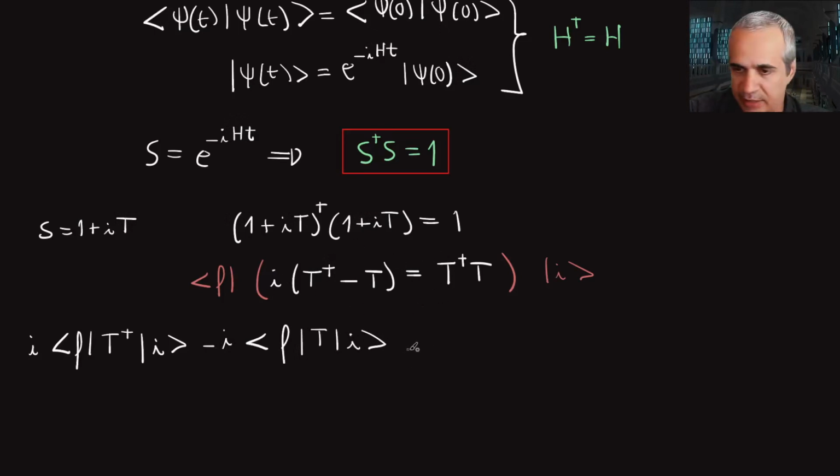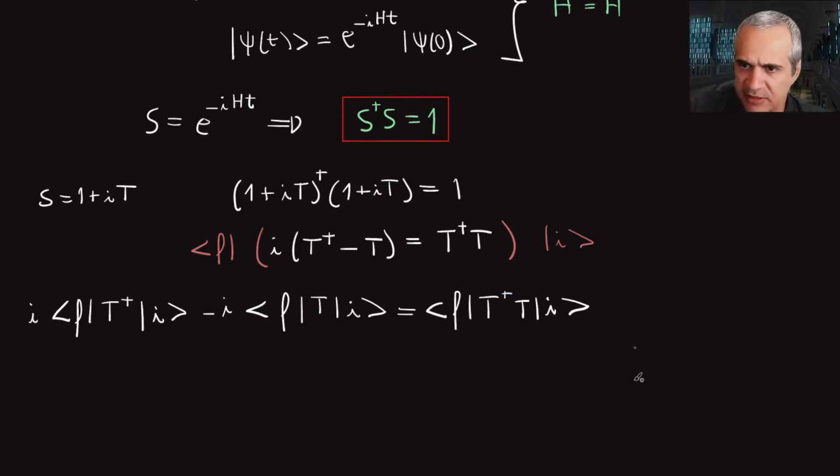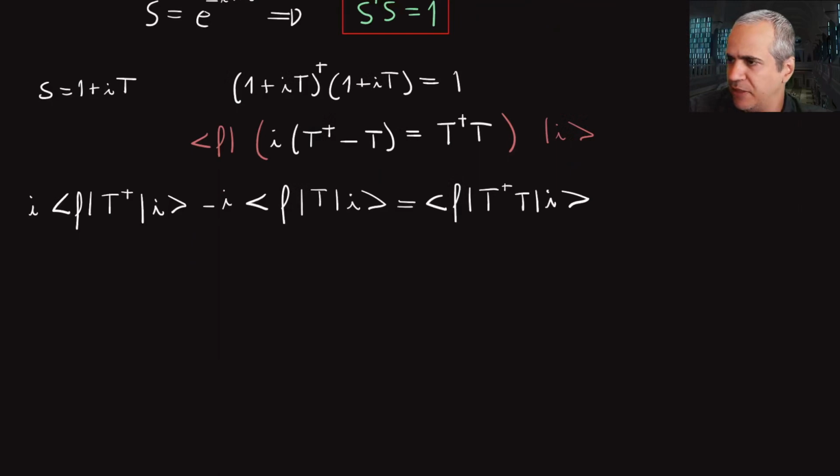Now the right-hand side will be simply ⟨F|T†T|I⟩. Now I want to try to put these in a more convenient form. The first thing to notice is that this piece right here is just ⟨I|T|F⟩ dagger, but since this is a complex number, I can just use the complex conjugate.